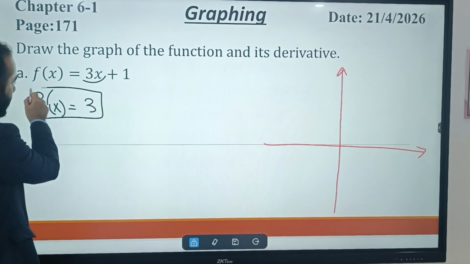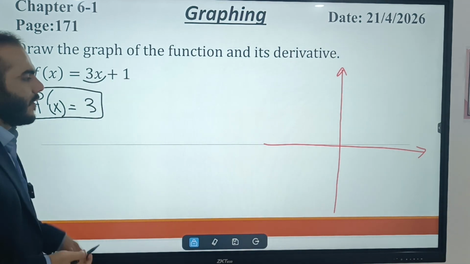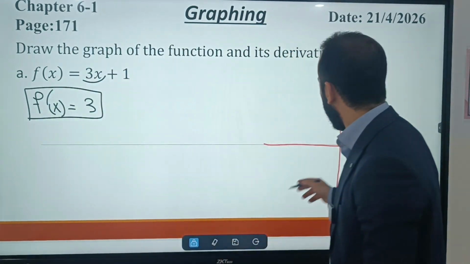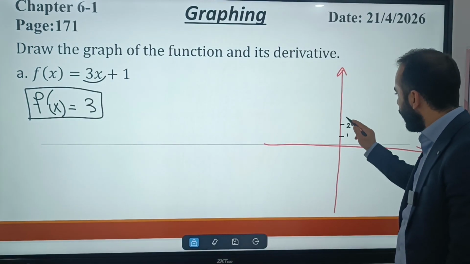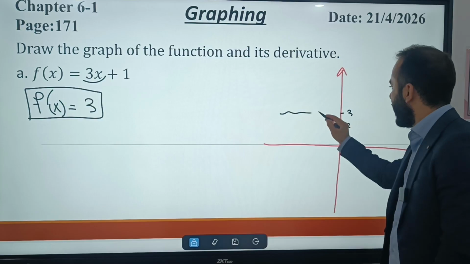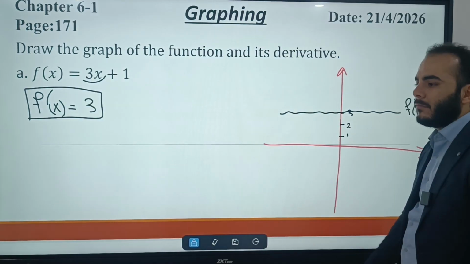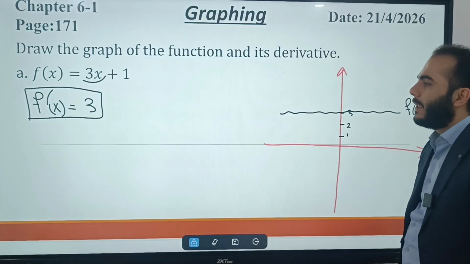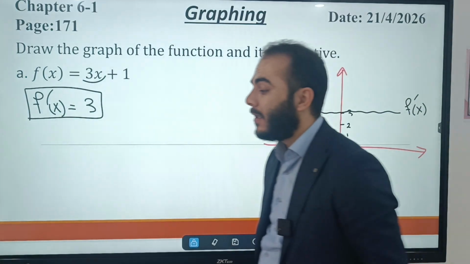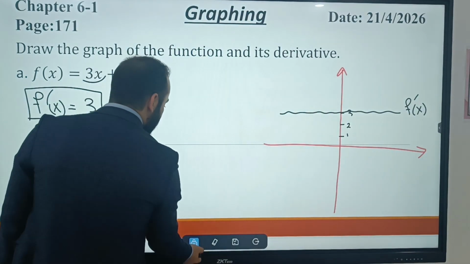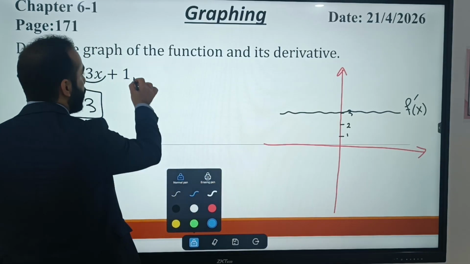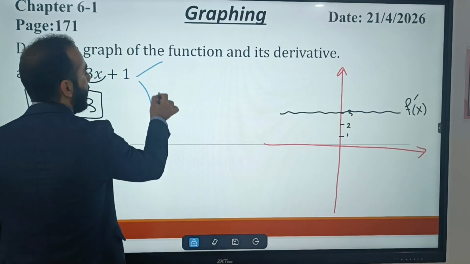Draw the graph of this one. What kind of function is it? It is a constant function. So f prime of x equals 3. You can just say that that is the graph of f prime of x equals 3. But how do we graph a linear function? The best way is to find the x-intercept and y-intercept.